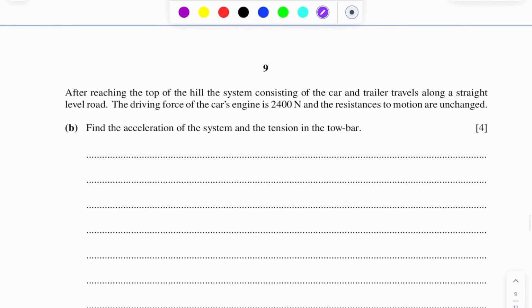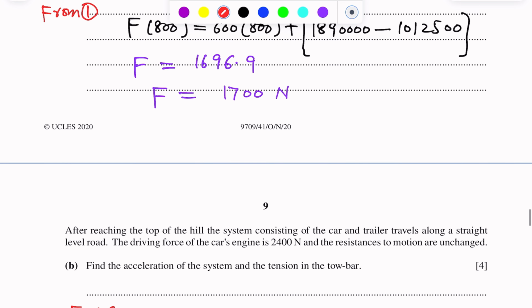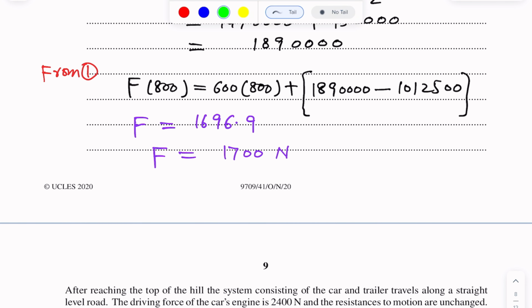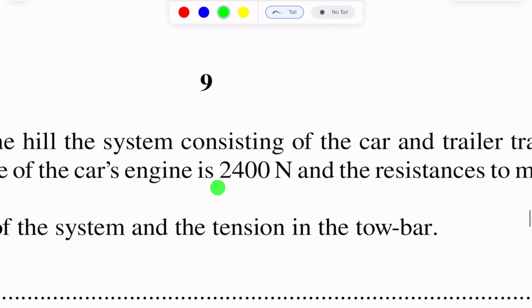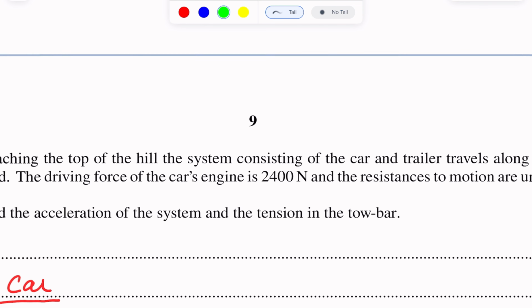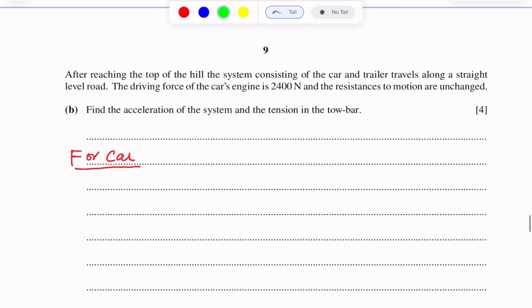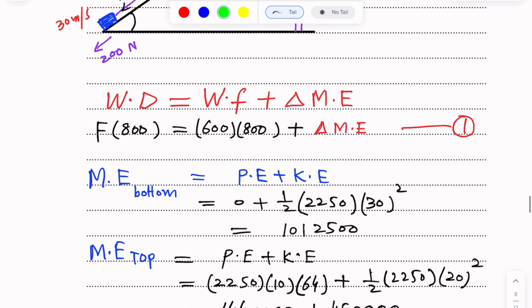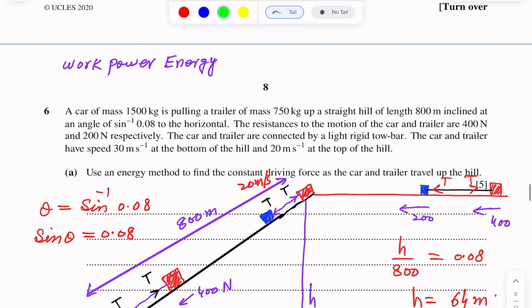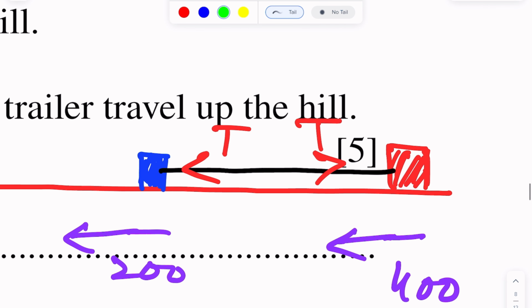Now we will make two equations for both trailer and the car. Now for car, the equation of motion will be, the driving force is clearly given, that is 2400 Newton, and the opposing force will be tension.